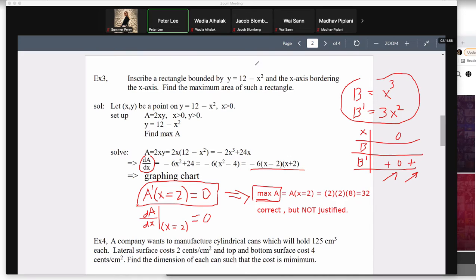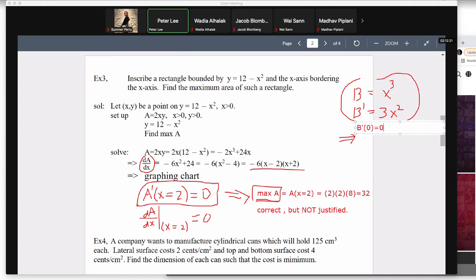So what I'm trying to say is, if you just have this right here, let me erase this part. So b prime is equal to 0. Then can we conclude that we have a maximum of b? So we have b prime at 0 equal to 0.